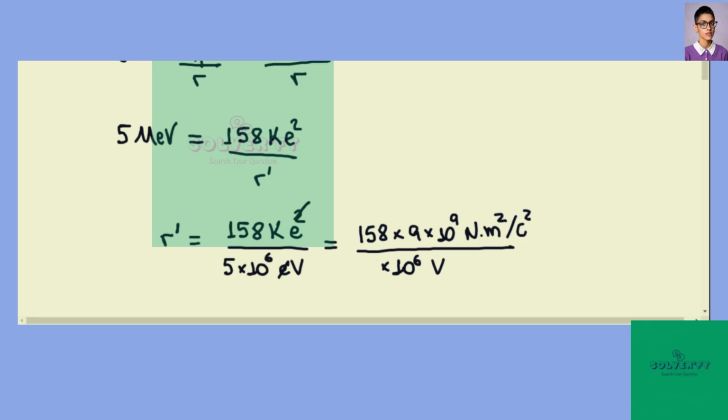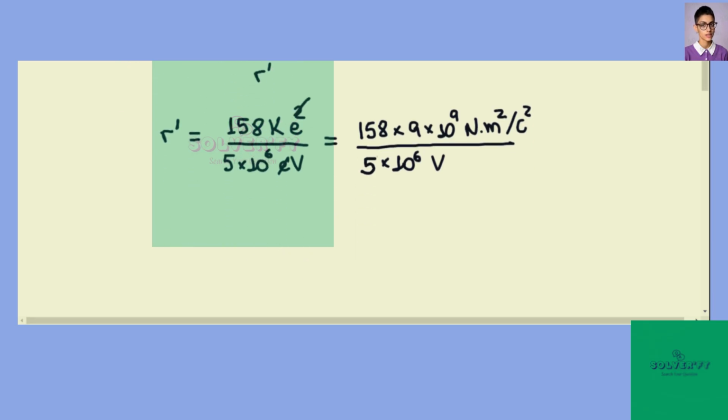Okay. So what we have is that r prime is equal to 4.5 times 10 to the minus 14 meters. And this is the distance of closest approach.